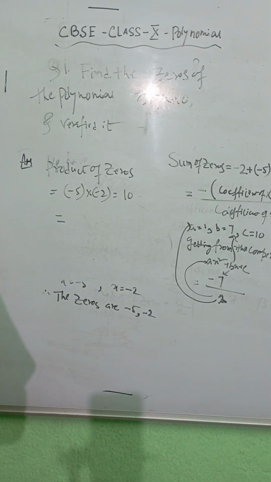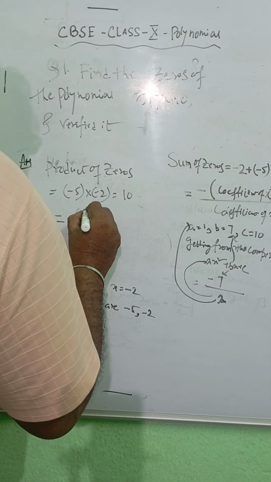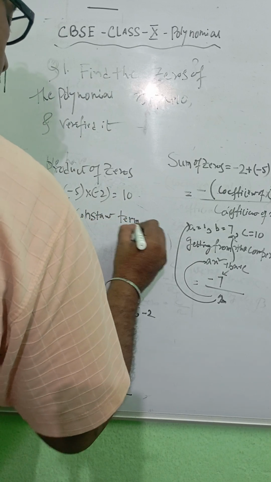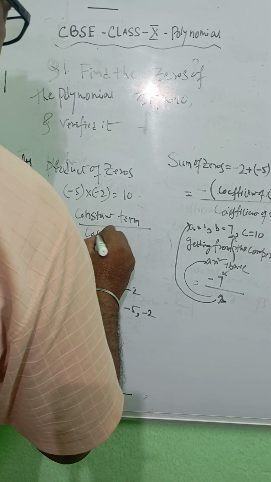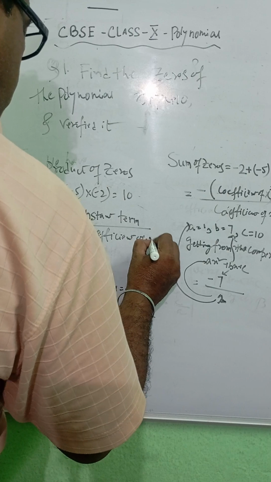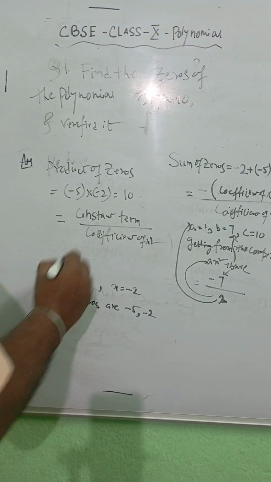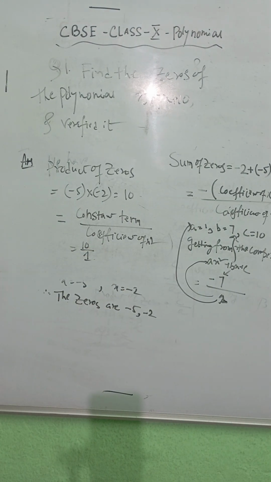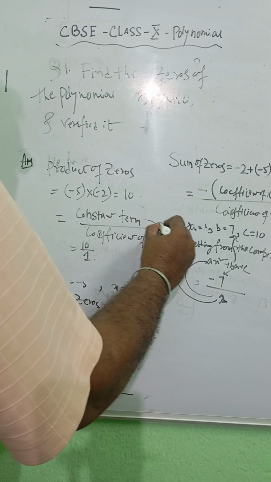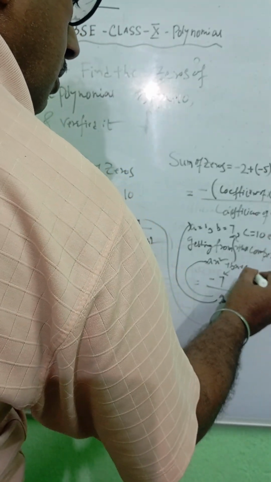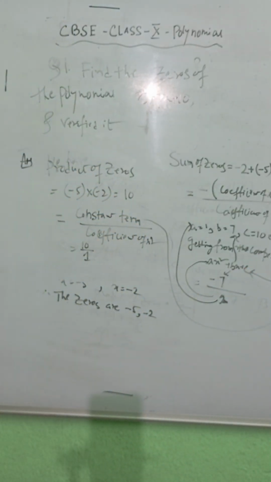This is equal to constant term by coefficient of x square. Now the constant term is 10, and the coefficient of x square is 1. Now it is verified.